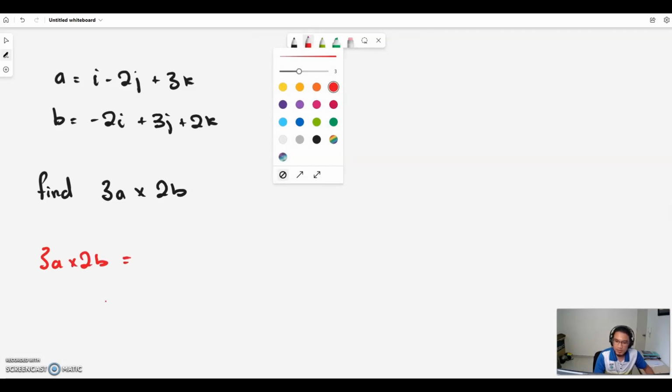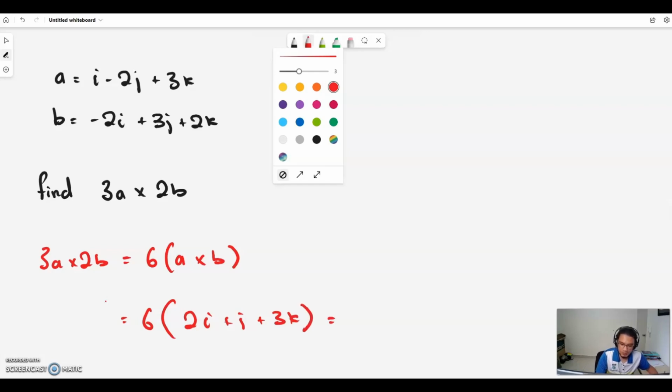It will be equal to just 6A cross B. It will be the same thing. Since you already have a vector of A cross B, you just multiply with 6. So 2I plus J plus 3K, and then your 3A cross 2B is equal to 12I plus 6J plus 18K.